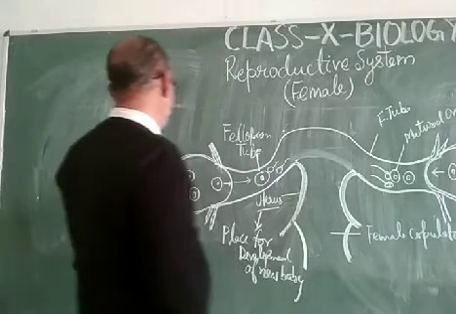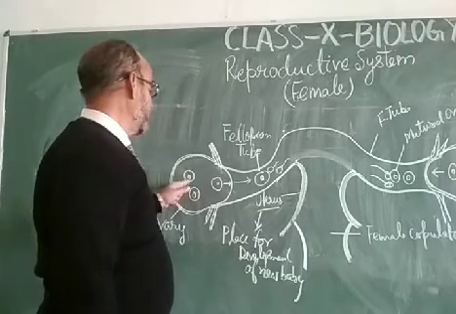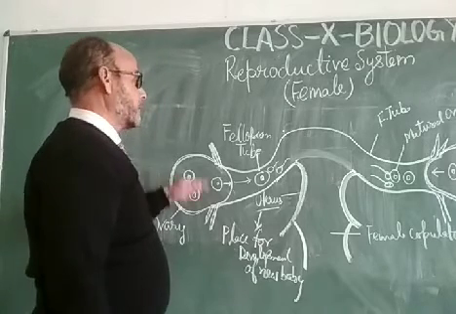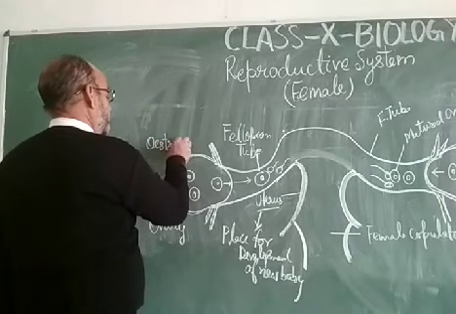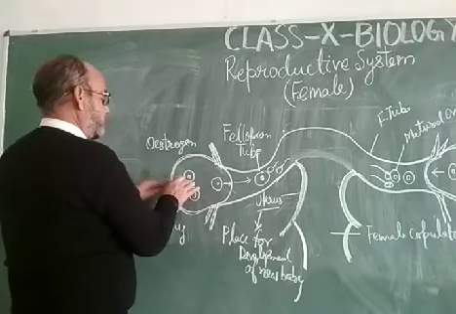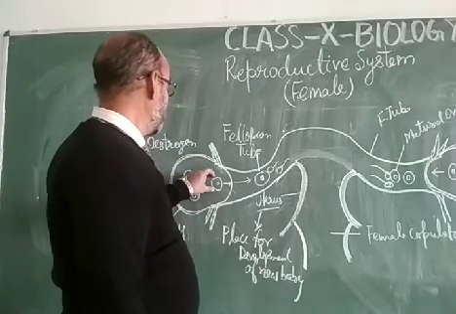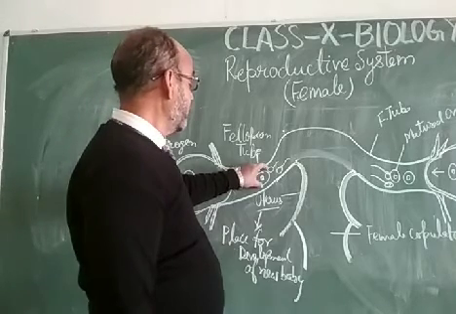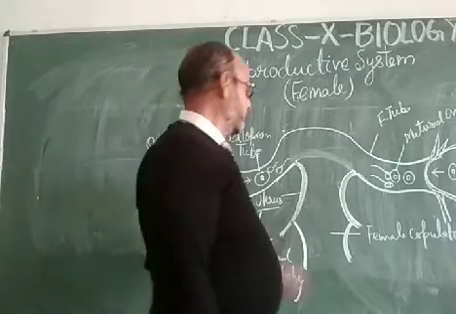So when this ovum gets mature by oogenesis, which is a gametogenesis, that process is controlled by the estrogen. This oogenesis is controlled by the estrogen, and the mature ovum comes into the fallopian tube, where fertilization takes place as a result of copulation.